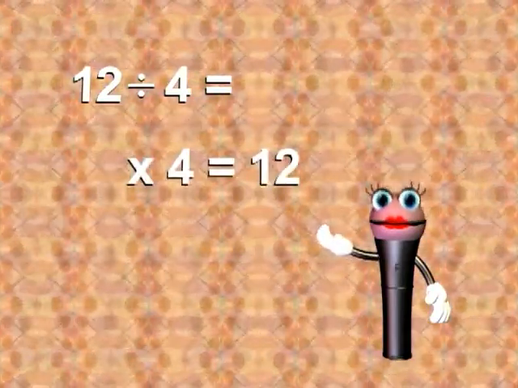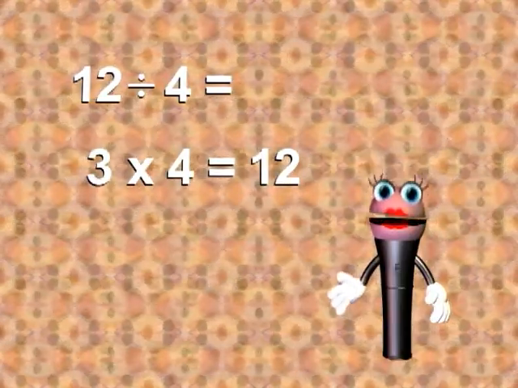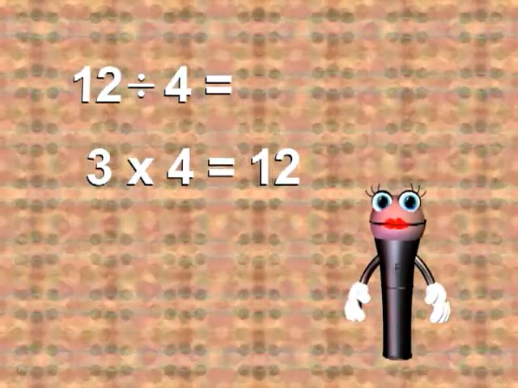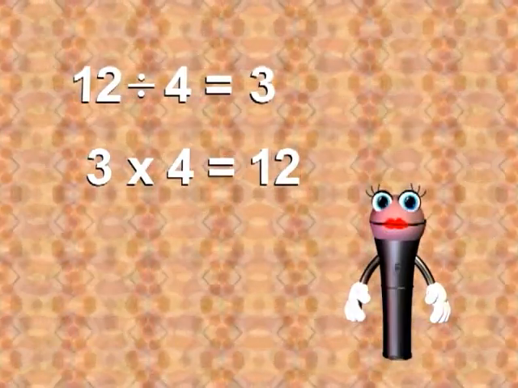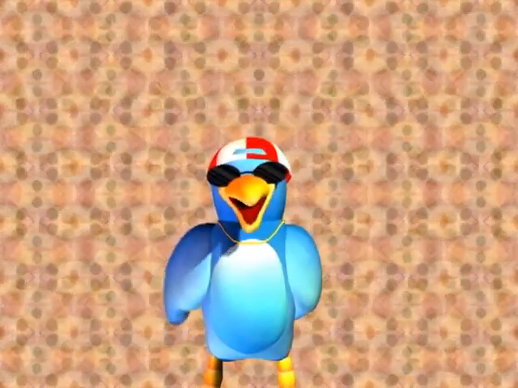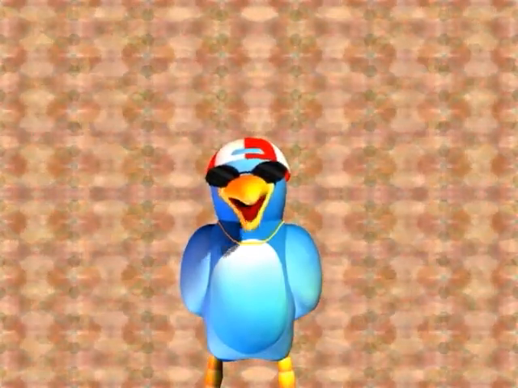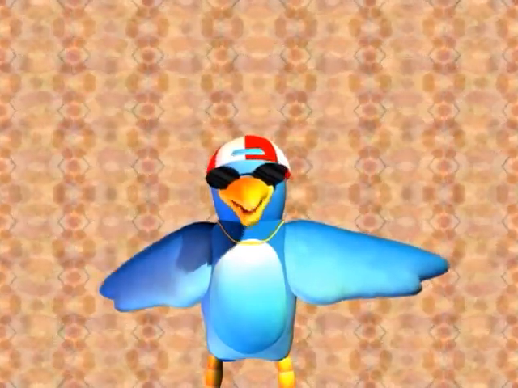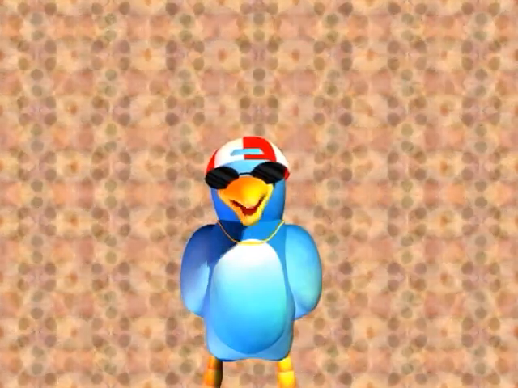What number times 4 equals 12? 3 times 4 equals 12. So 12 divided by 4 equals 3. But you want to get so good at doing your division facts that you think of the answers quickly. And that's why you should join in when DJ Doc Rock does those funky raps.